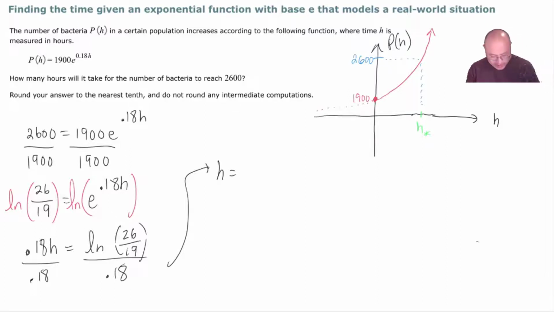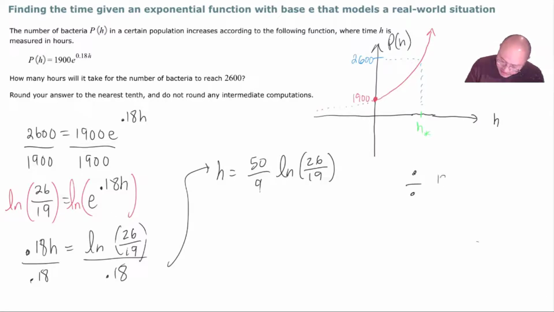We get h is equal to 800 over 9 times the natural log of 26 over 19. If you're wondering how did I do that, remember divide by 1/800th means really multiply by 800. So that's what I did in my head. I guess I could draw in my head. There's my head.